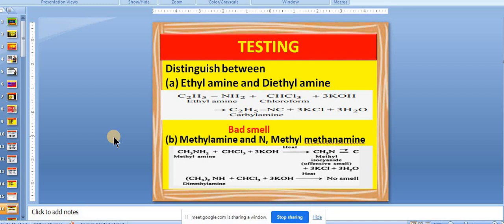So in this case, you know methylamine is 1 degree amine, which is CH3NH2. When you talk of N-methyl methanamine, it is a 2 degree amine. So it would be CH3 twice NH. So this will be the formula for methyl methanamine. If we talk of N,N-dimethyl methanamine, that would be 3 degree.